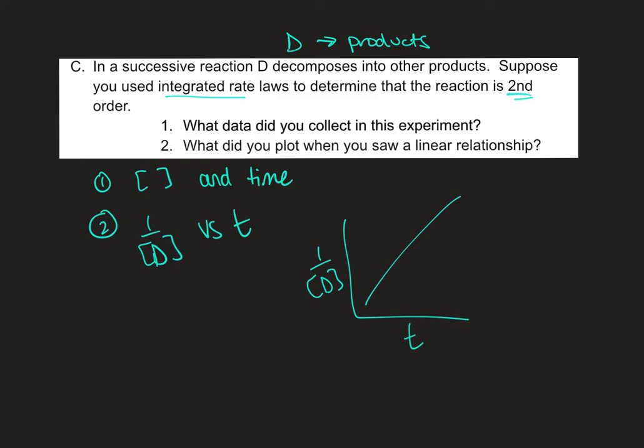So if you had the slope of this line, and of course the integrated rate law for a second order reaction, which is 1 over the concentration of D is equal to kt plus 1 over the initial concentration of D. Notice that your slope comes right from this. It's not negative. In zero and first order, remember the slope, if you're taking it from the equation of a line, is going to be the opposite of your K value. But here, your slope and K are equal.